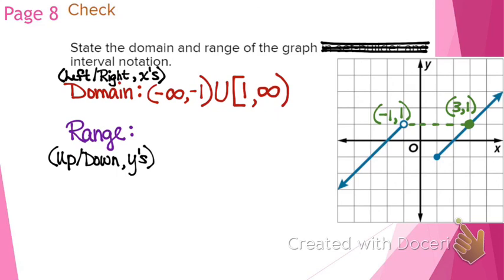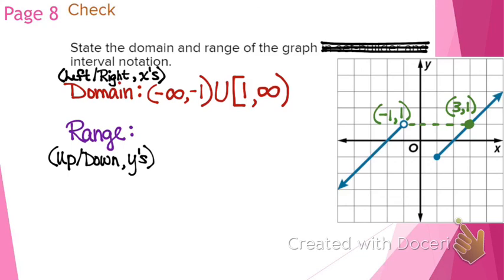There's nowhere when I'm looking up and down that there's not a line connecting dots somewhere, right? From here and below, I got that all filled in with an arrow. From here and above, I got that all filled in an arrow. I don't have to pick up my pencil and go higher. Does that make sense? My range on this is all real numbers.